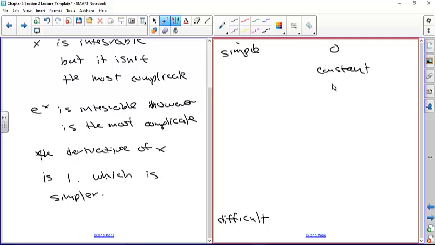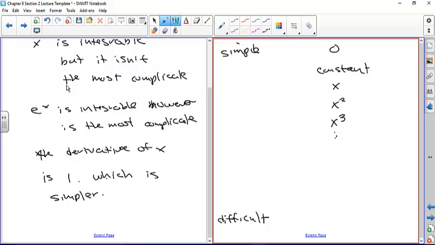Then you'd have x. Then you'd have x squared, x cubed. The more exponents you have on a polynomial, the more complicated it is. So most of the time, if you have a polynomial, whether it's x or x squared or x cubed, that's usually, not always, but usually the u part of the integral.